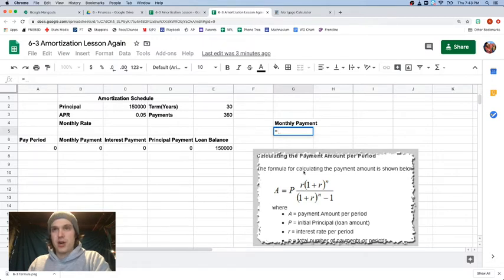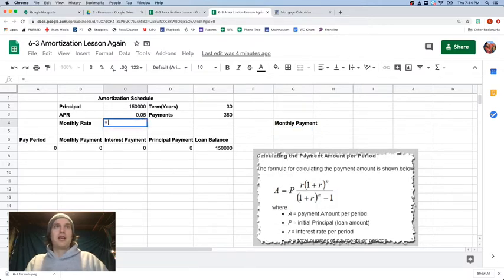The interest rate here is the rate for that pay period. When you pay a mortgage back, you don't pay once a year, you pay once a month. So our monthly rate is equal to the annual percentage rate divided by 12.